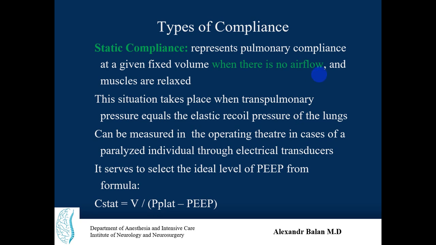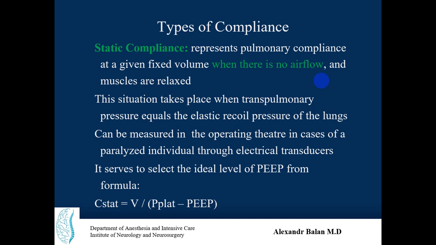In this situation, the transpulmonary pressure equals the elastic recoil pressure of the lungs and can be measured in the operating theater, of course, as the muscles are paralyzed and there is no movement by itself.